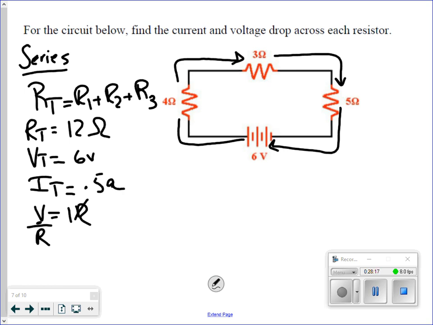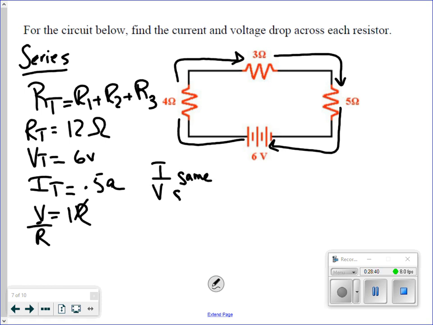After you figure out the totals for each of these, your next job is to figure out what's the value for the current and the voltage across each of the individual resistors. And this is usually where folks get a little bit squiggly, especially if they don't know what kind of circuit they're dealing with. With a series circuit, the current is the same everywhere.